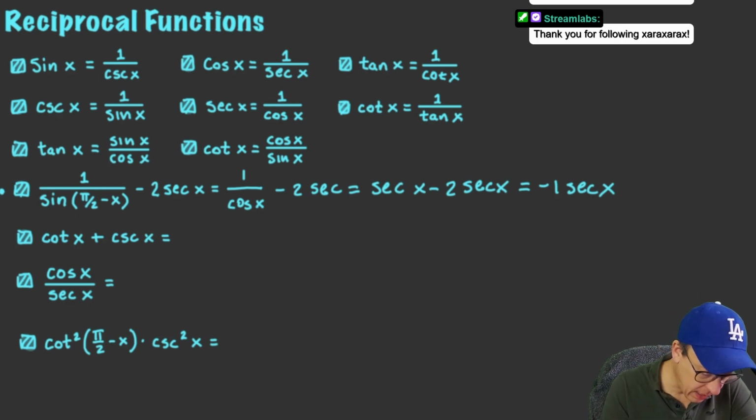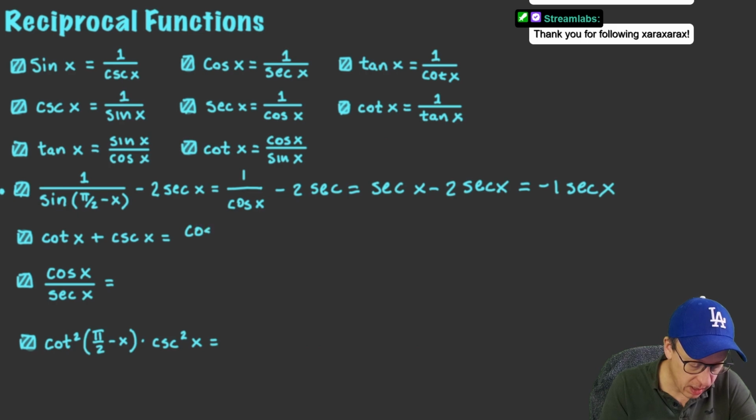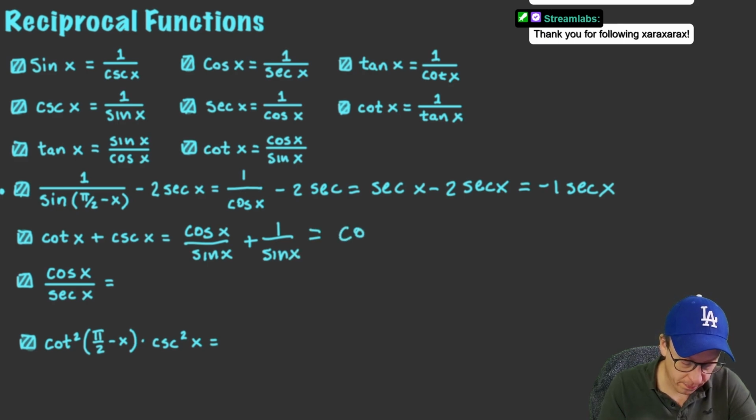So, again, we're just taking these different formulas and plugging them in to make it easy for us to simplify our overall formulas. So this will be cosine of x divided by the sine of x plus 1 over sine of x, which is going to be equal to the cosine of x plus 1 divided by the sine of x.